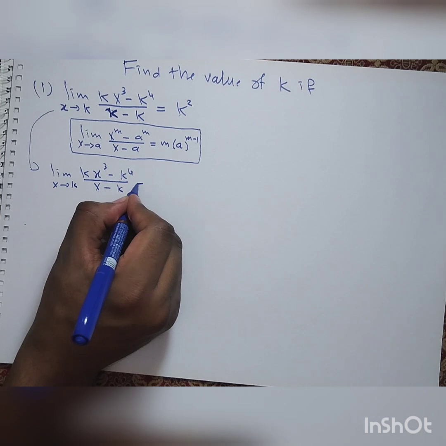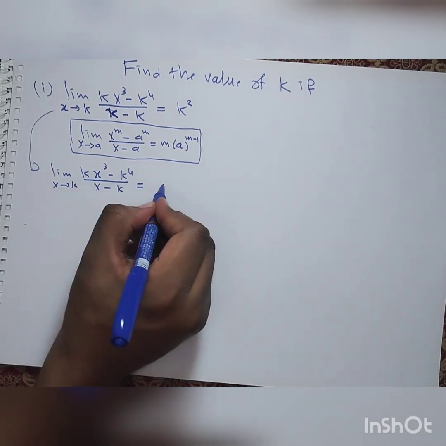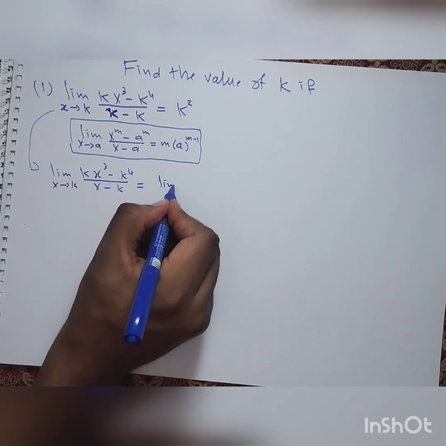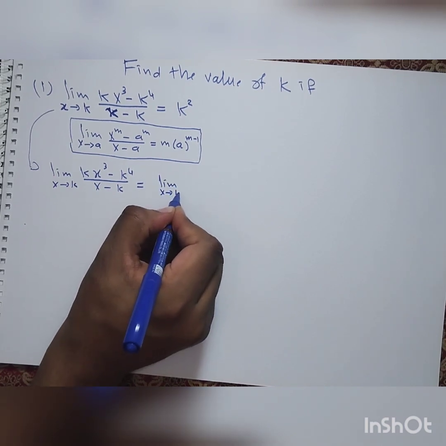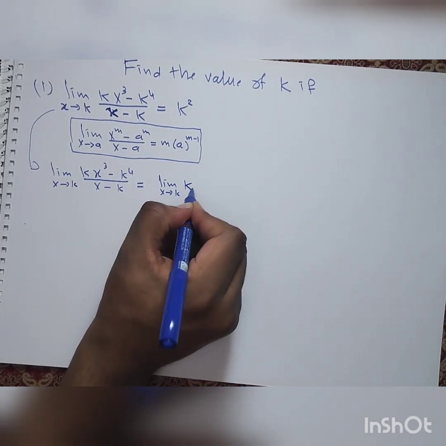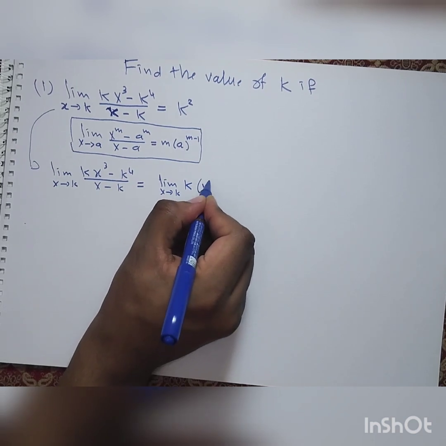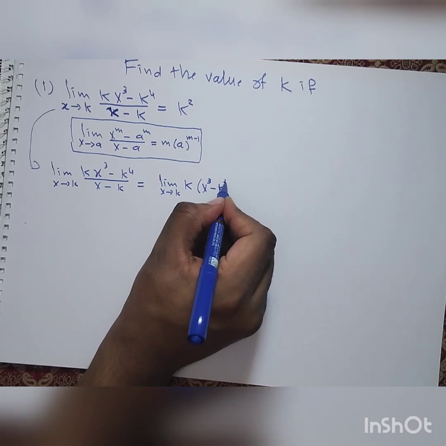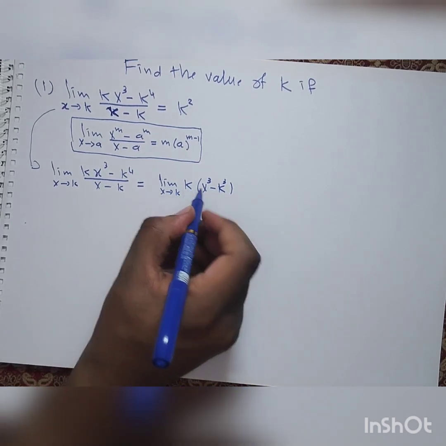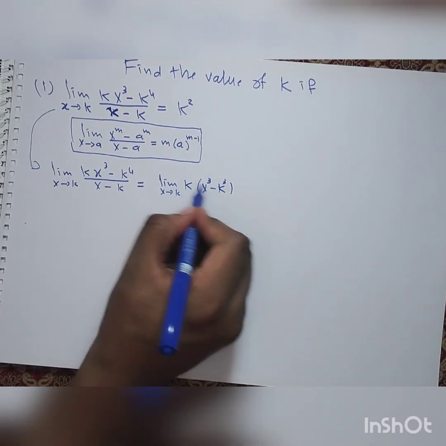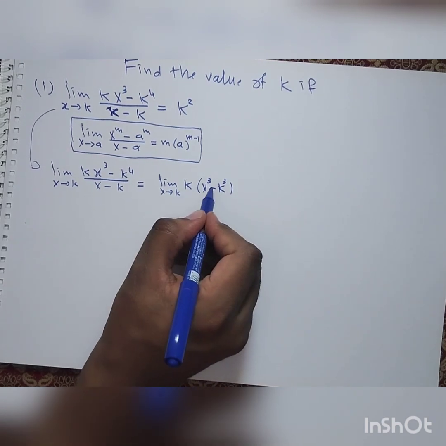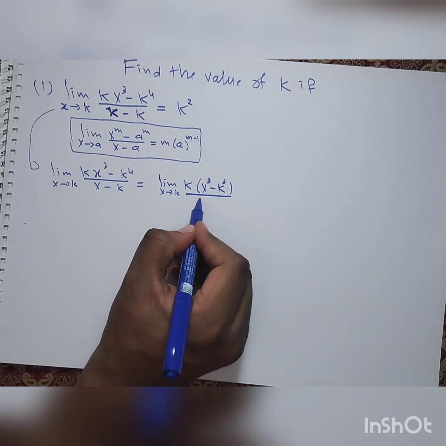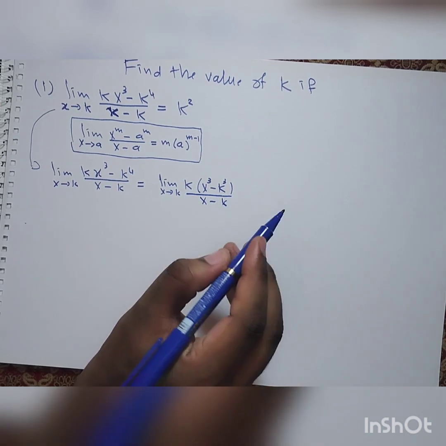We can factor out this k. So we have the limit when x approaches k of k times (x^3 - k^3), because we took just k outside, so when we multiply we get back k to the power 4, and we divide everything by x - k.